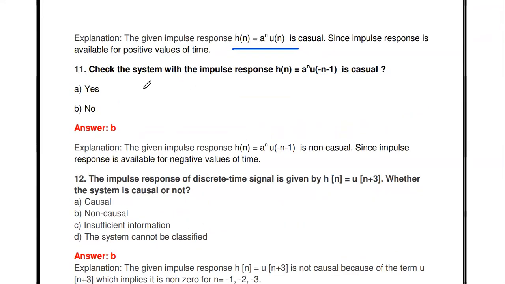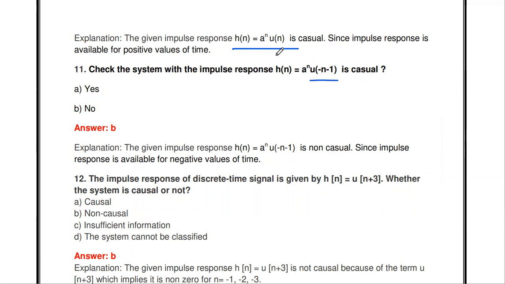Similarly, see the next problem. Check whether the system with impulse response h of n equal to a power n u of minus n minus 1 is causal. Here the impulse response is a power n multiplied with u of minus n minus 1. What is u of minus n minus 1? It means this unit step sequence has amplitude 1 for the negative time, from minus infinity to minus 1.